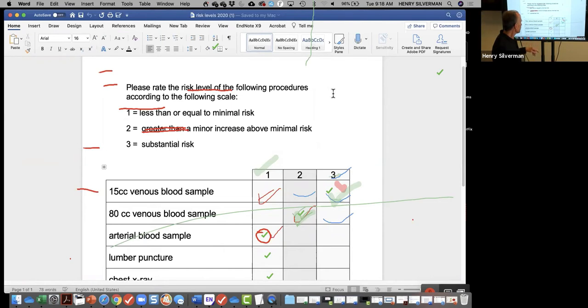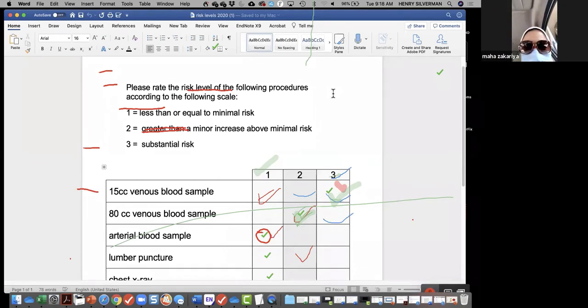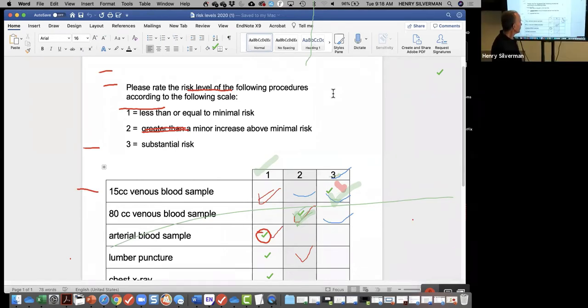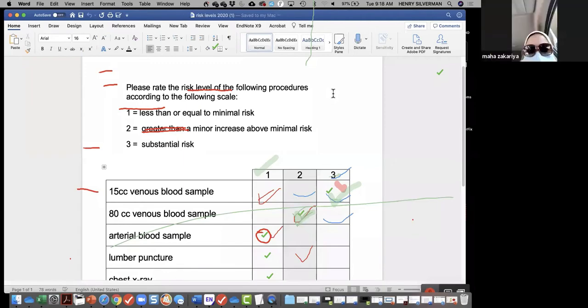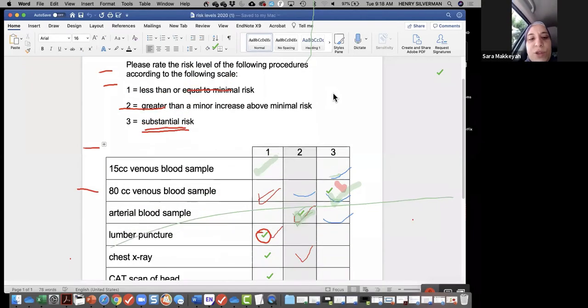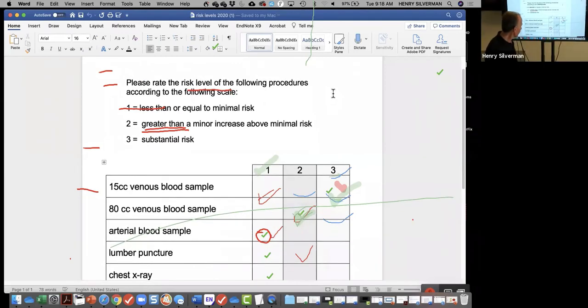I think that makes more sense. What about the lumbar puncture? Okay, minor increase. Minimal risk.